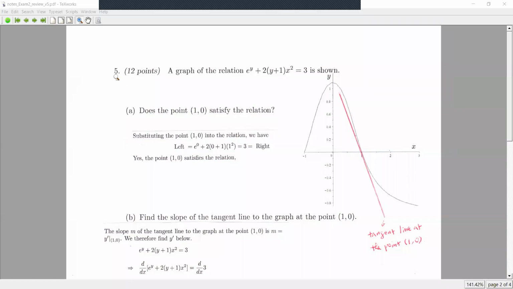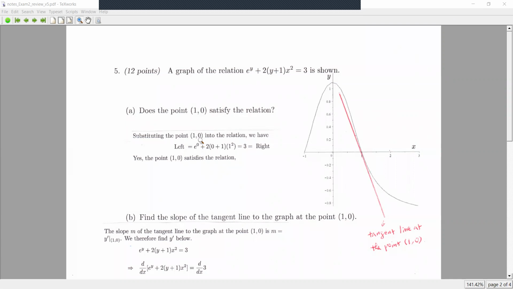Problem 5. This problem is about implicit differentiation. The graph of the relation is shown in this diagram. This curve is the graph of the relation. Part A. Does the point 1, 0 satisfy the relation?